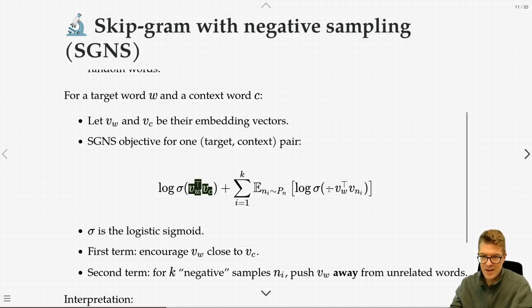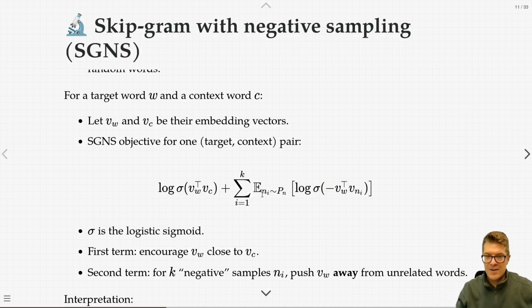So you take the negative dot product between the word that you're trying to predict and all of these words you're definitely trying not to predict, which is where the negative sampling comes from. You pass those through the sigmoid, take logarithms of each of these things, and then you basically try to get the expected negative similarity between the words you're trying to predict and all of these words you're definitely trying not to predict.